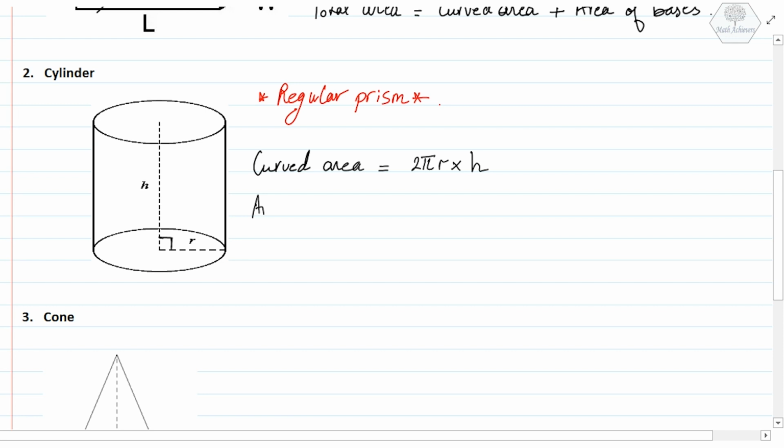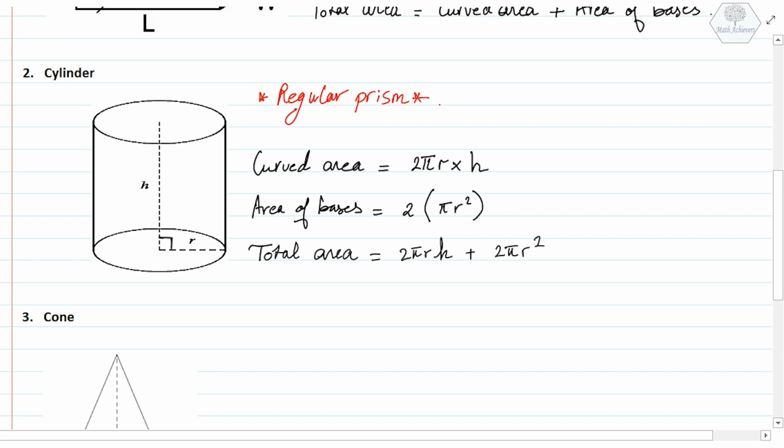The area of bases is equal to 2 times the area of one base, which is pi r squared. So I know now that the total area is equal to 2 pi r h plus 2 pi r squared. This is the case when I have a cylinder.